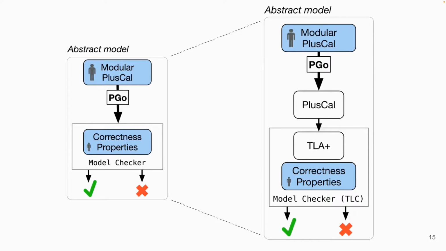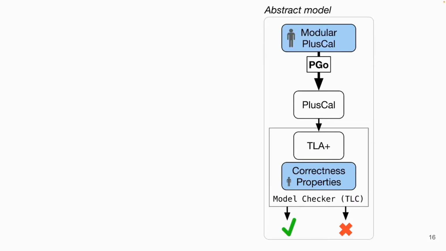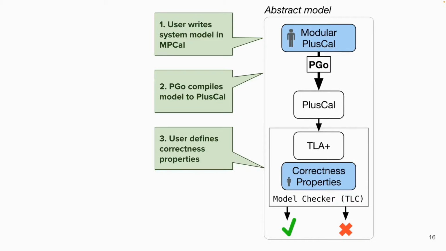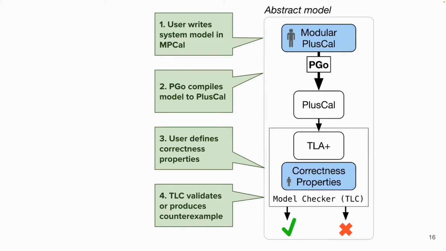In more detail, for the verification, first the user writes a system model in MPCal, and then Pico compiles it into PlusCal. PlusCal is a modeling language. PlusCal code can also be translated into TLA+, which is another modeling language. In TLA+, the user defines the correctness properties, and finally the TLC model checker validates the model or produces a counterexample.